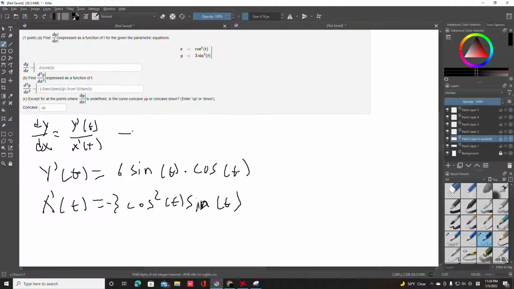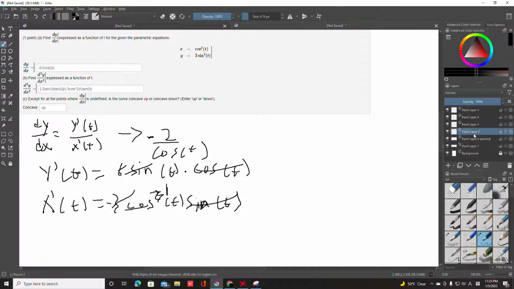The sine cancels out, the cosine cancels out, and this also cancels out, and we get negative 2 over cosine of t. That's the first derivative.